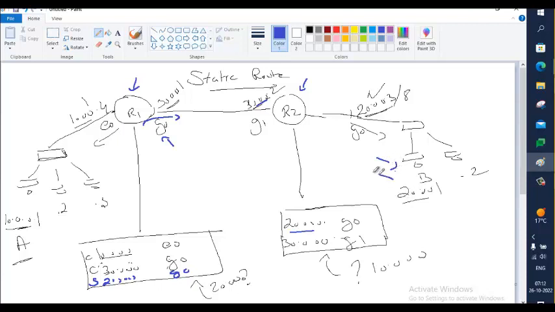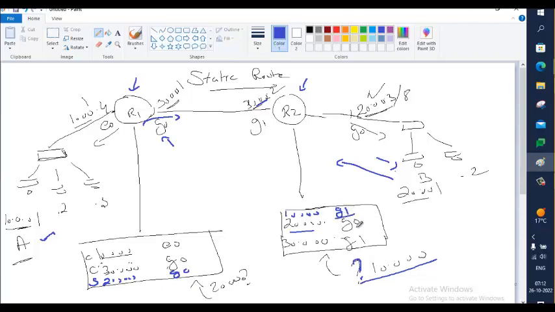Now when B responds back, the response packet needs to go to A, which is in the 10 network, but there is no information about 10. Again, we write a static route. If you want to reach the 10 network, you need to go out via G1.